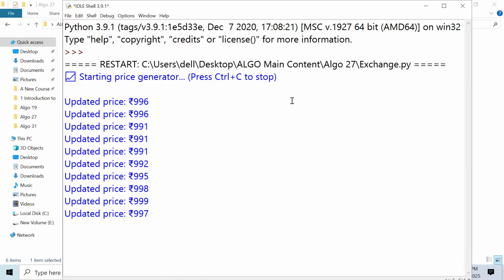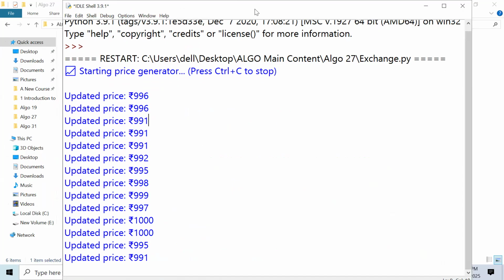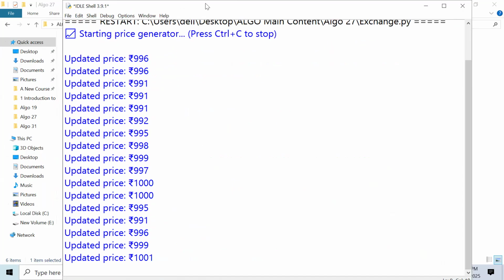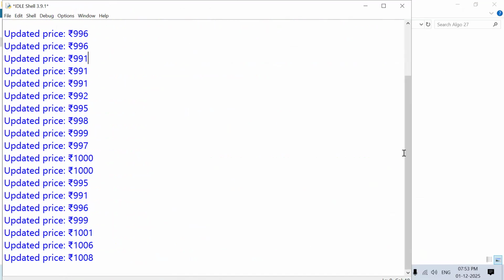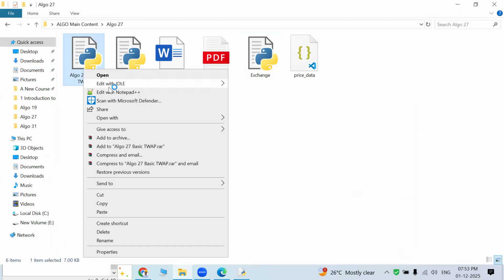And now we will start the basic TWAP operation. Let me adjust this file first so we can run both files together. So first I'm going to start with the basic TWAP.